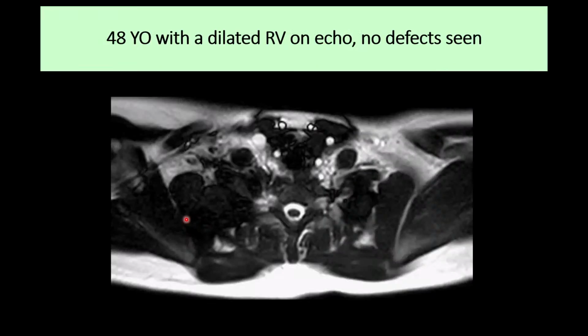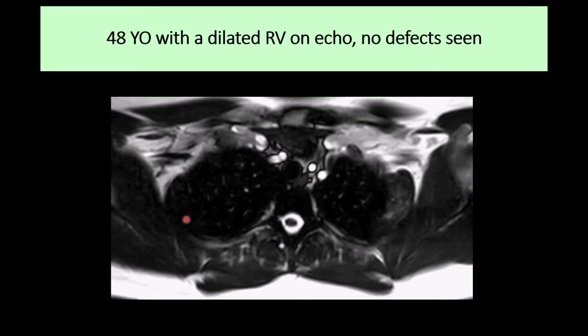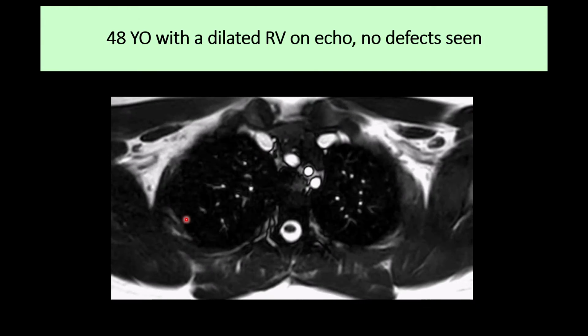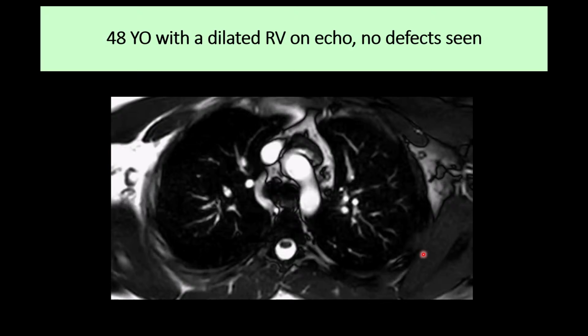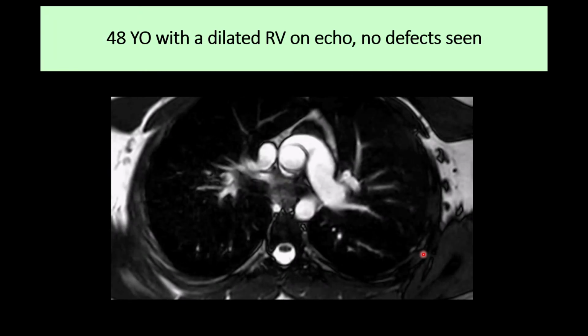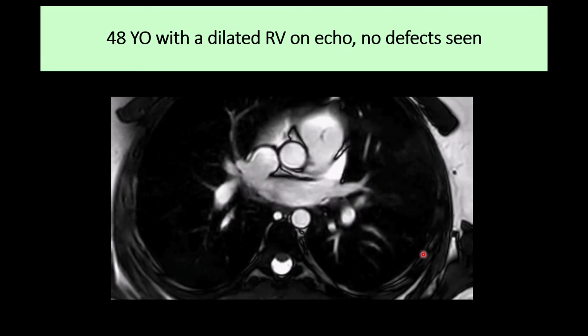All right, another challenge. This is an axial stack, so we're cutting through the chest downward. This is a patient with a very, very large right ventricle on echo, difficult windows.